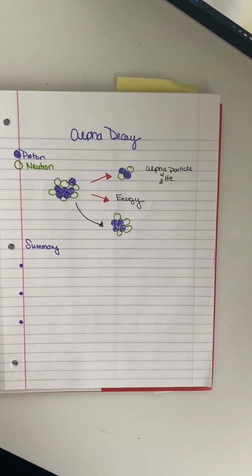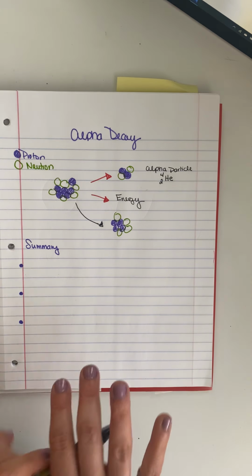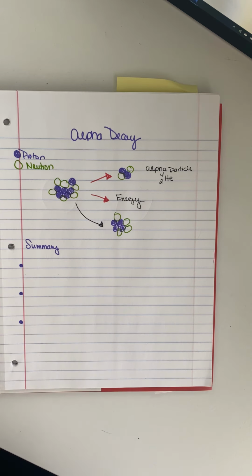So let's talk about the dangers of this particular type of decay. You've all seen those radioactivity symbols. Thankfully, alpha decay is not the worst type of decay. It's actually the least dangerous of the 3 we're going to talk about today, but it is still dangerous. The reason it's the least dangerous is because the alpha particles are relatively heavy, so they can't really travel through air all that far.